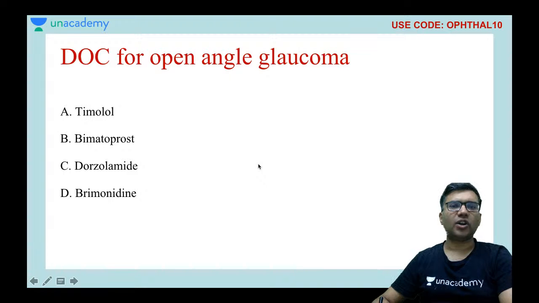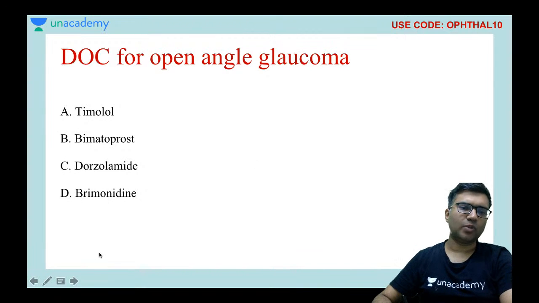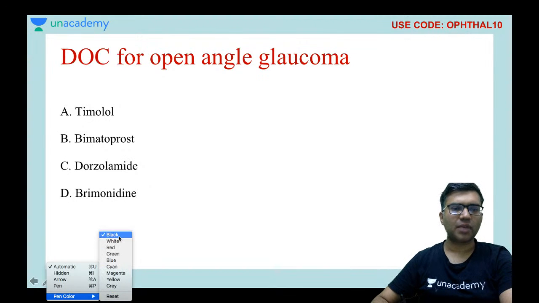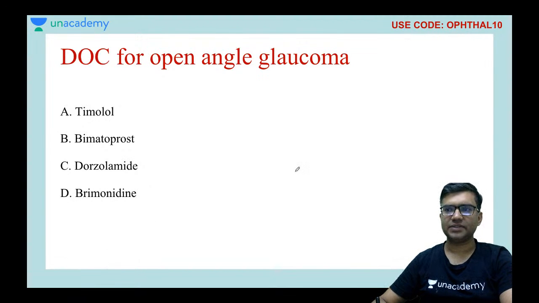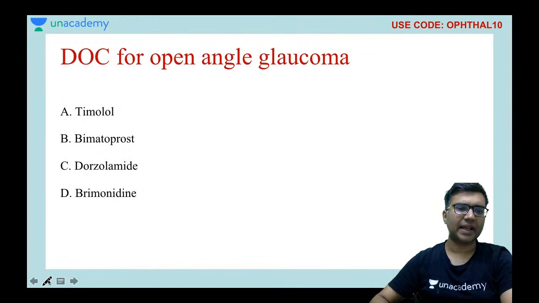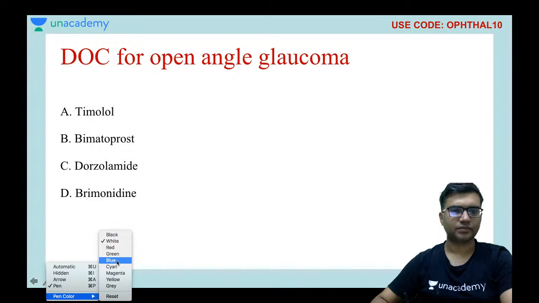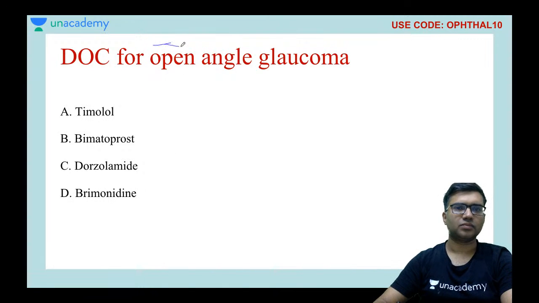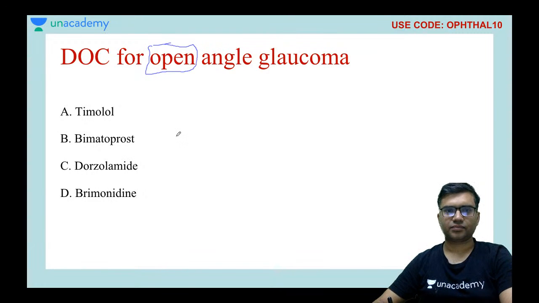So the drug of choice for open angle glaucoma is timolol, bimatoprost, dorzolamide, or brimonidine. Drug of choice for open angle glaucoma. So whenever they ask about open angle glaucoma, the answer here is your PG analogs.